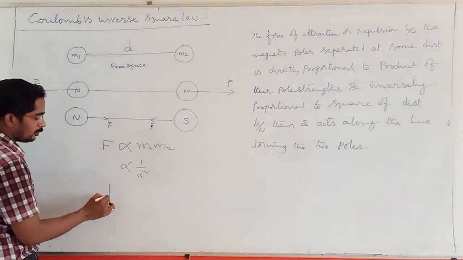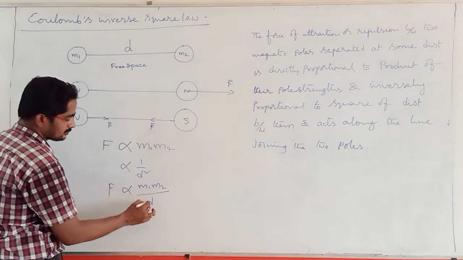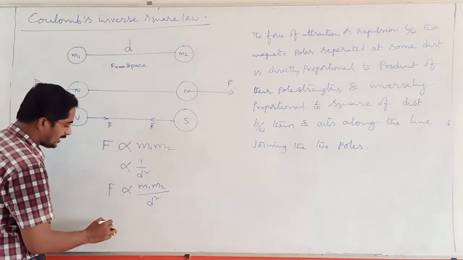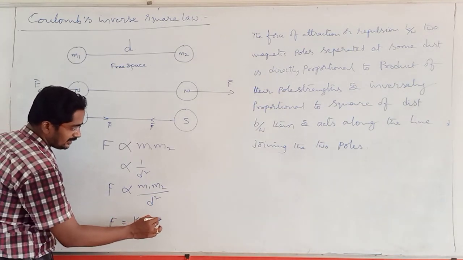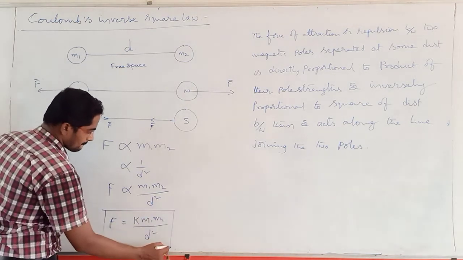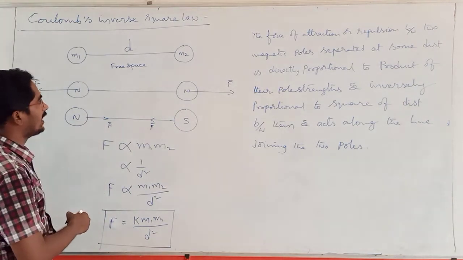If you combine both, we get m1 m2 by d square. If we remove the proportionality, we get a constant: F equals k m1 m2 by d square. It is the force formula for poles acting in free space.